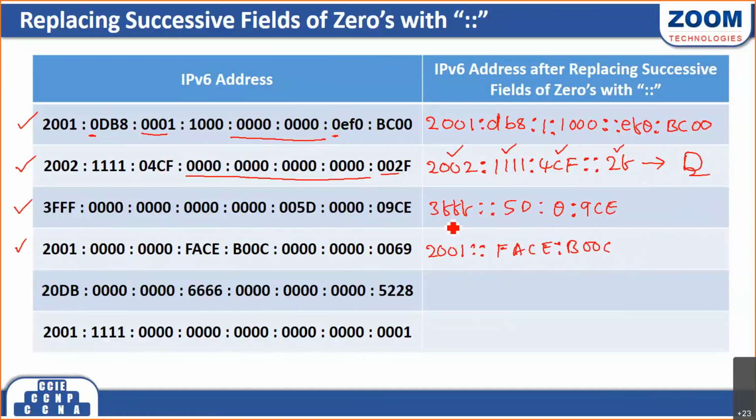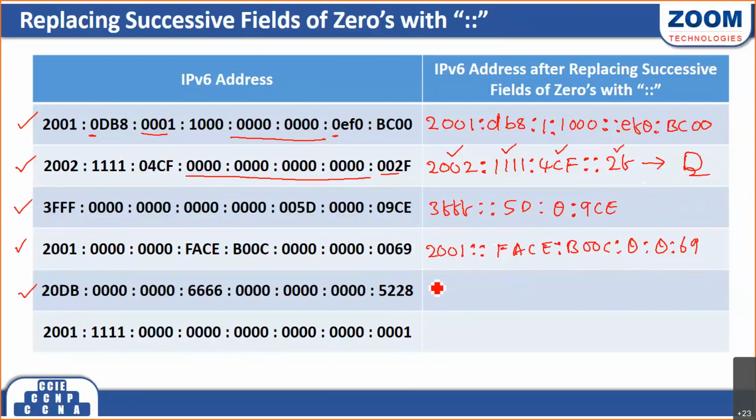We already used one here. So remember rule number 3: multiple fields of zeros can be represented with a double colon only once in an address. So we already have used it, and we cannot use it again. So 0069, colon 0, colon 0069. Right, very good. Perfect. Next example, please.